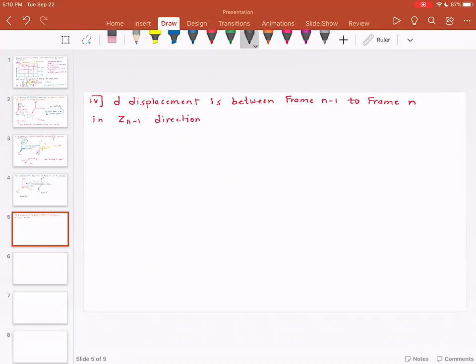So what it means is, let's consider that we have two frames. This is zn minus 1. This is yn minus 1, xn minus 1.